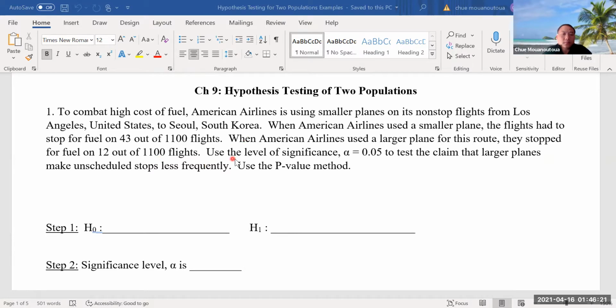Use alpha 0.05 to test the claim that the larger planes make unscheduled stops less frequently. Use the p-value method. So we want to divide it into two populations or two samples. The first one is the smaller plane. The second one is the larger plane.